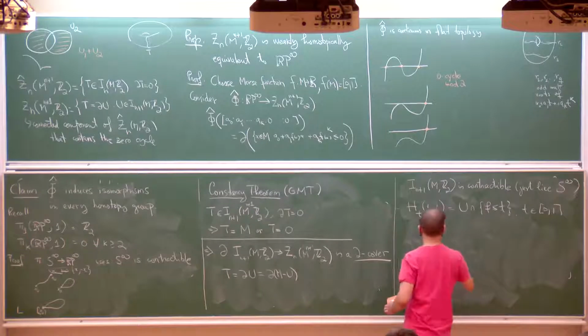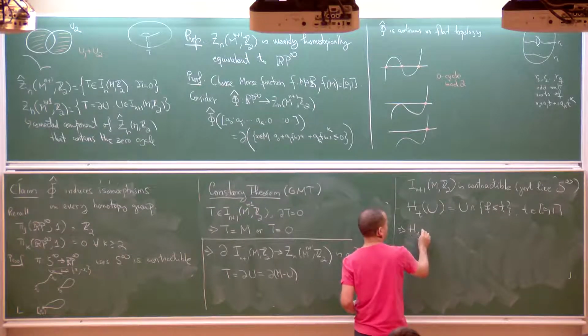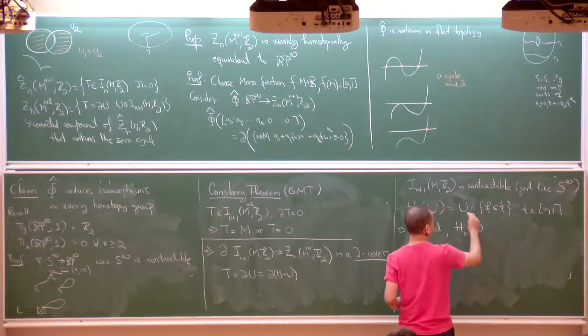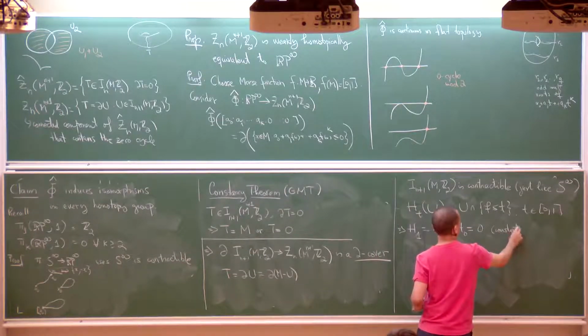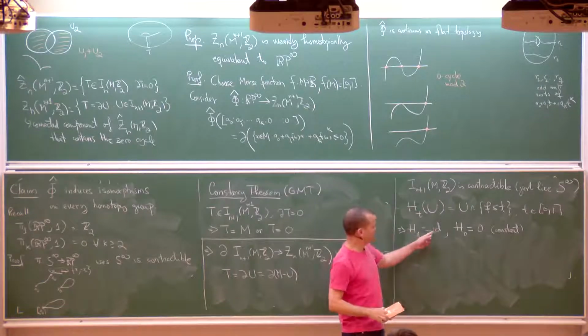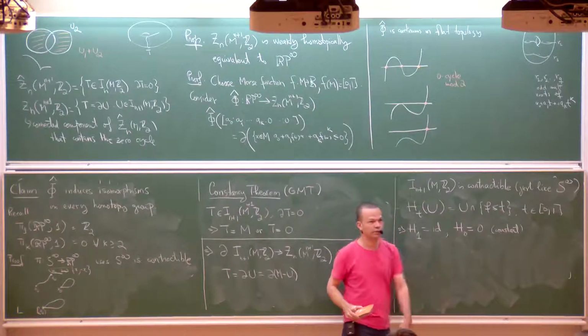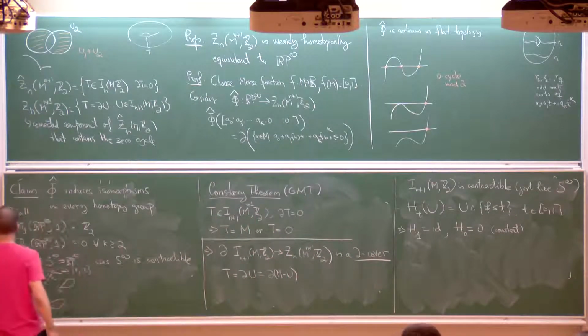Then by definition, you see that H1 is just the identity, and H0 is just a constant guy equal to 0. So I showed that the identity map is homotopic to a constant map, so it's a contractible space. Okay, so that's basically the proof.